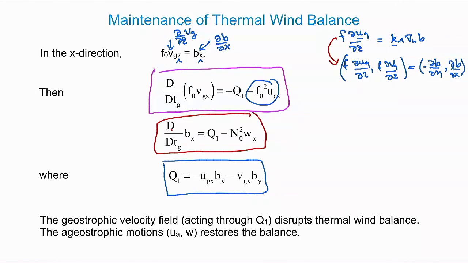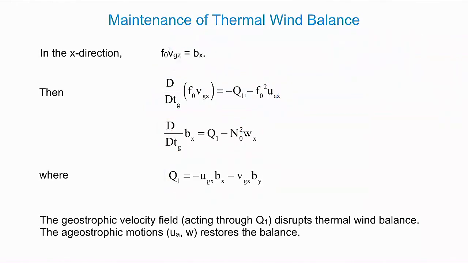It's related to the background flow, the geostrophic wind and the buoyancy. And yet, let's suppose Q1 is positive. Q1, if there was no vertical motion, would increase the buoyancy gradient. At the same time, well, that was stupid.